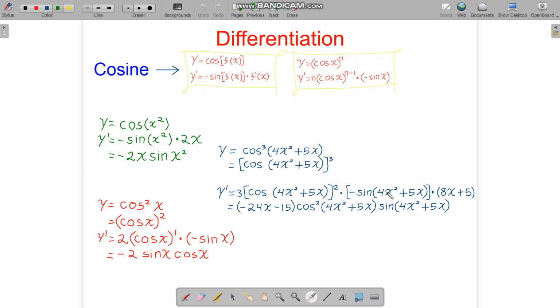The derivative of 4x squared plus 5x is 8x plus 5. And then you can simplify everything here. 3 times minus, so minus 3 times 8x is minus 24x, minus 3 times 5 is minus 15. Of course we use the parentheses here.